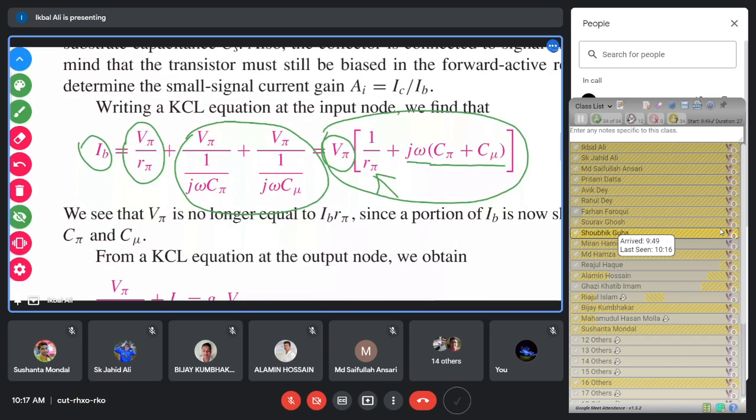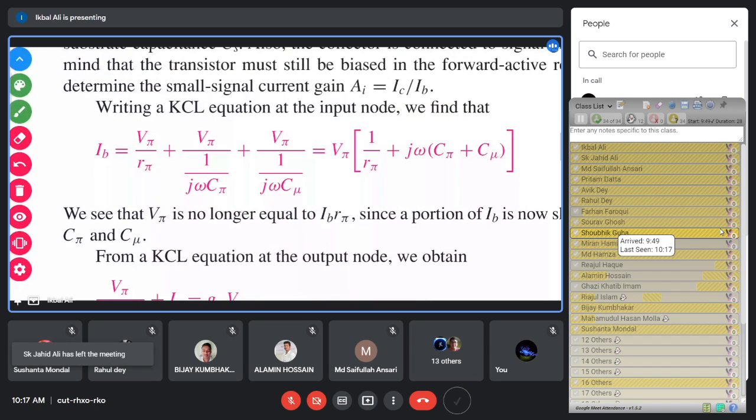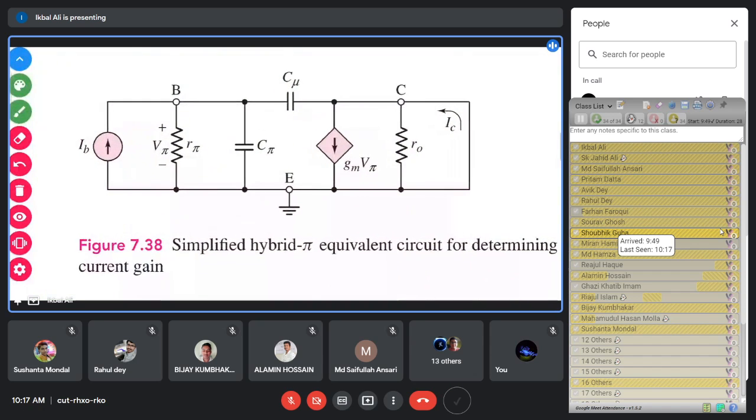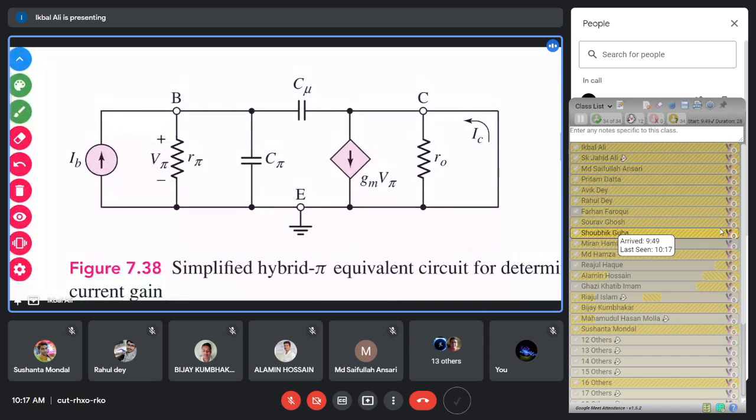Okay, so we are going to calculate the output current divided by the input current. We have got the input current expression. Now we will apply the KCL equation at the output node, because we are trying to find the ratio of IC, which is the output current, divided by the input signal current IB, because this ratio will give you the gain of the amplifier or the transistor.